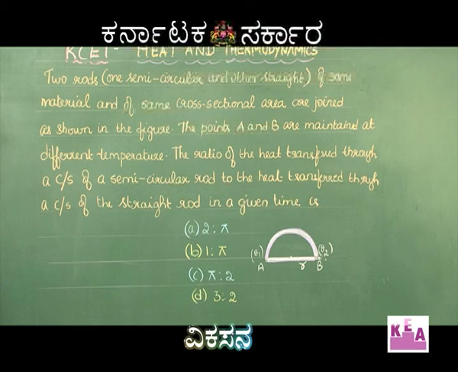The ratio of the heat transferred through a cross section of the semicircular rod to the heat transferred through a cross section of the straight rod in a given time is. The options are: A, 2:pi; B, 1:pi; C, pi:2; D, 3:2.